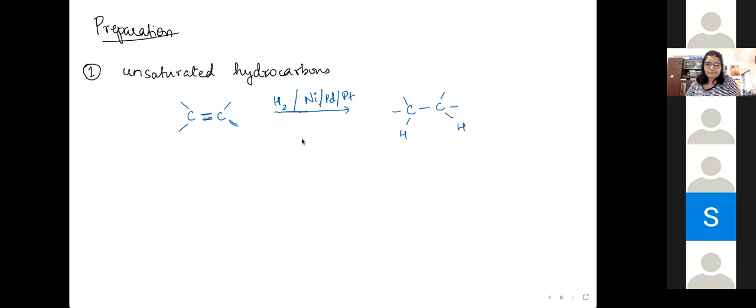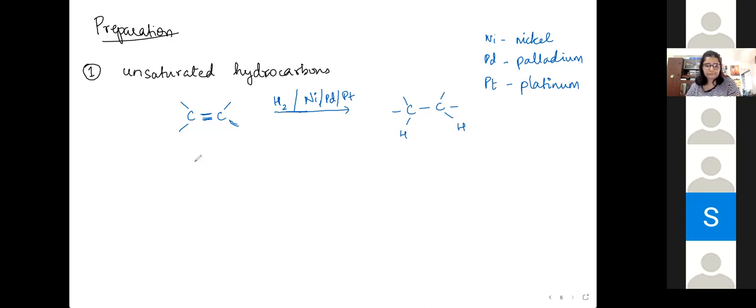What does Pt stand for? I forgot. Platinum. Okay. So Ni is nickel, Pd is palladium, and Pt is platinum, the precious metal. So basically this reaction is when there is a double bond in any unsaturated hydrocarbon, and we need to make it into alkanes.